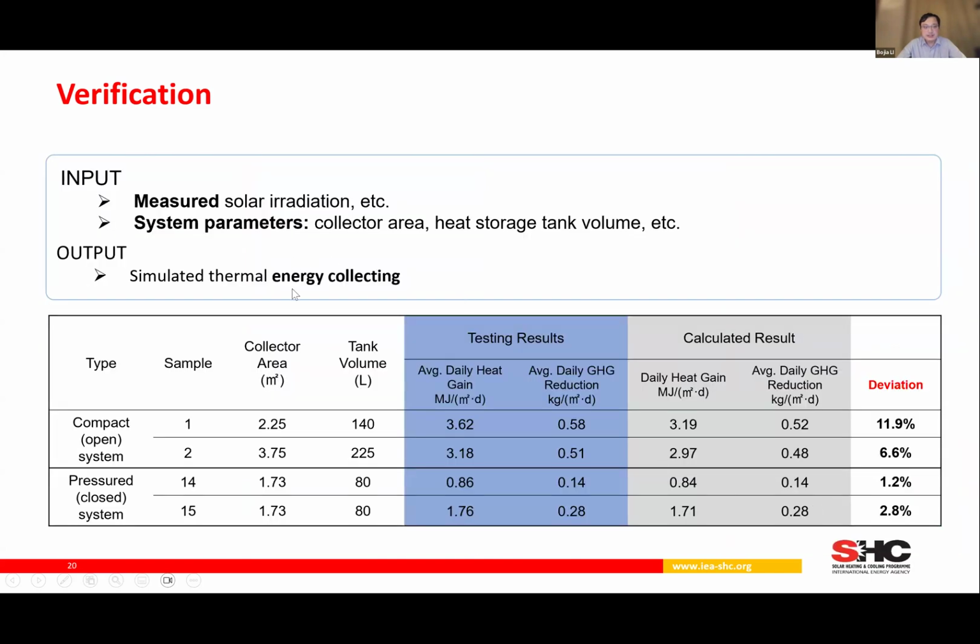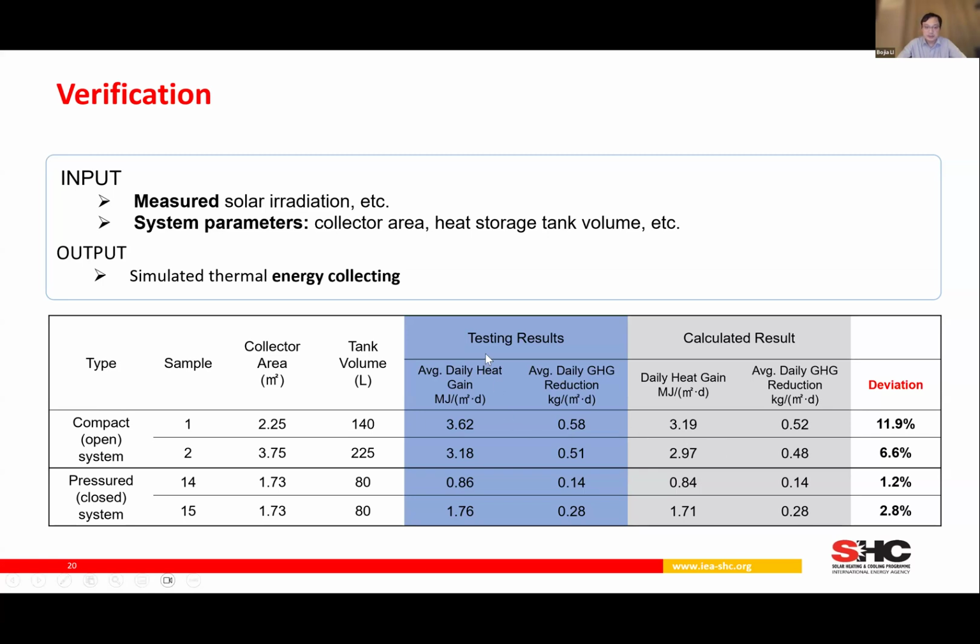This is the result of verification. The first part is the compact system, and the second is a pressurized system. As I just said, this type of system is usually used on the balcony of high-rise buildings, and the other type is more popular on the rooftop of buildings.